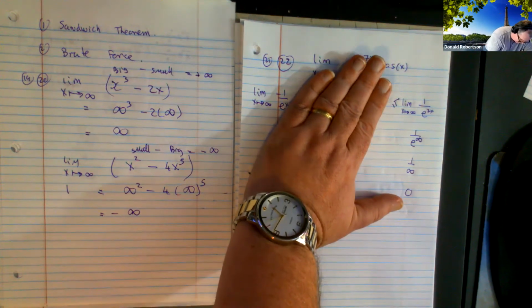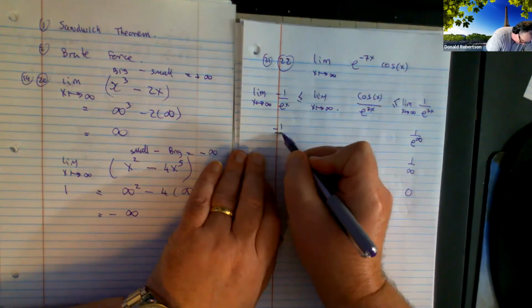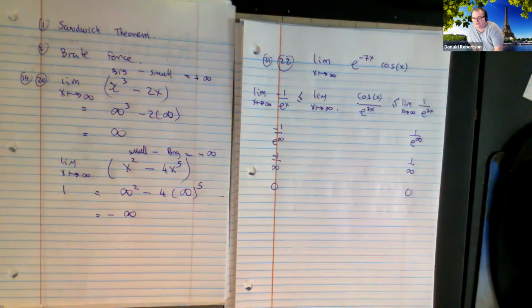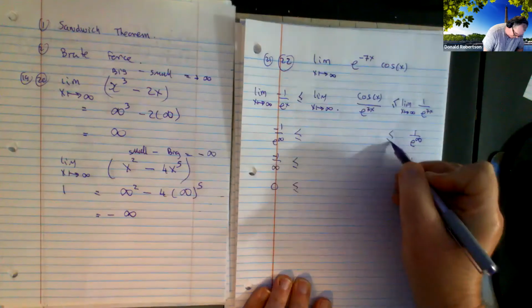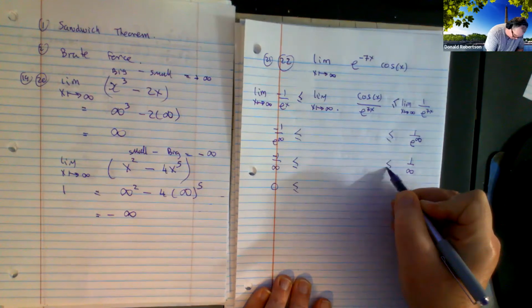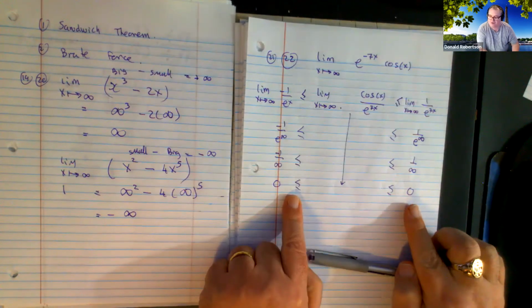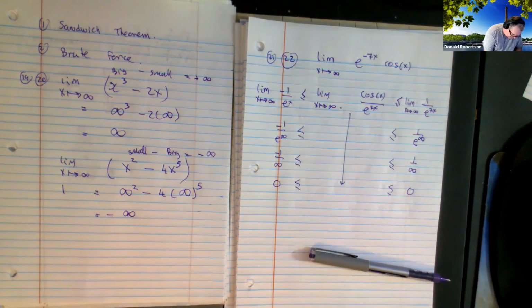Now, on this side, essentially you get negative 1 over e to the infinity, which is negative 1 over infinity. Nobody says negative 0. Would you agree it's 0? And then the sandwich theorem says, if the guy that you want, which is him, has to be between 0 and 0, then isn't the conclusion that the guy in the middle is 0?